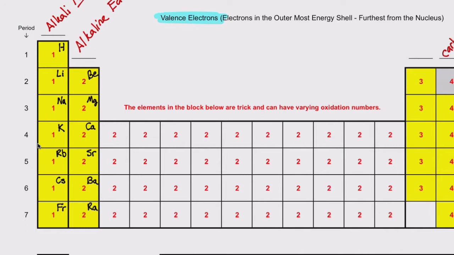It's the valence electrons that determine the family an element is in. So, typically speaking, if you had 1 valence electron, you'd be an alkali metal. They all have the same chemical properties. All of these elements that have 1 valence electron are explosive with water. It's a unique property they share.